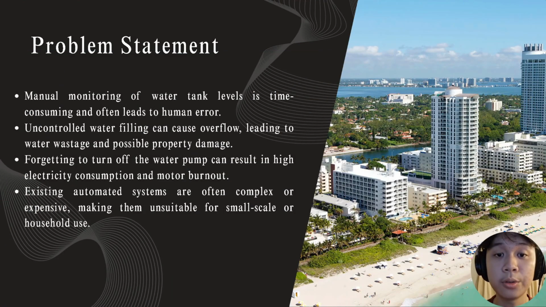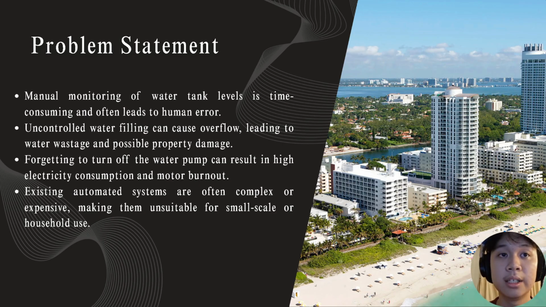Now I will move on to our problem statement. Nowadays people usually monitor their water levels at home manually, but this is very time consuming and often leads to human error. Because of this, there will be a lot of uncontrolled water filling, which can cause overflow in the water tanks, leading to water being wasted or property damage.